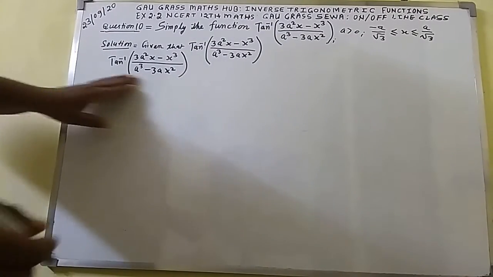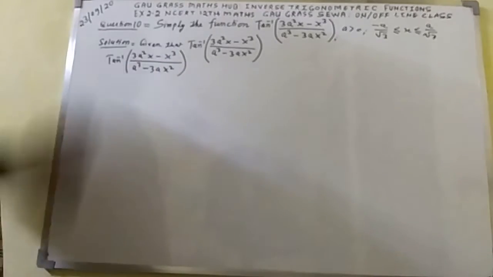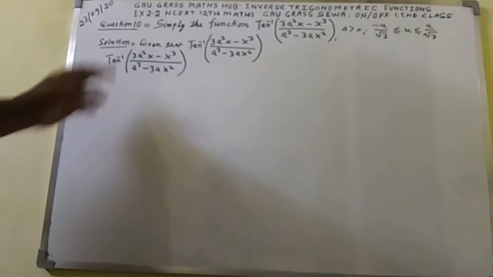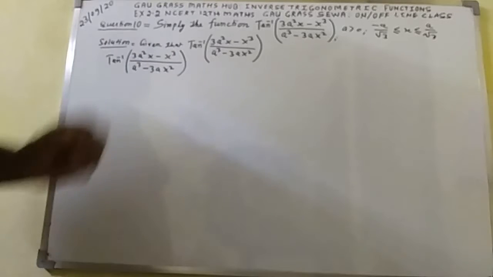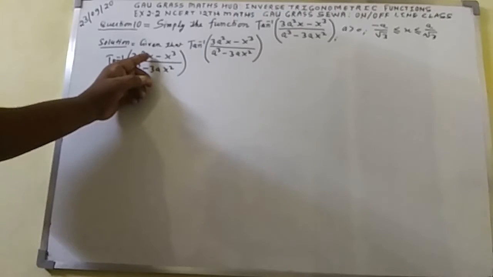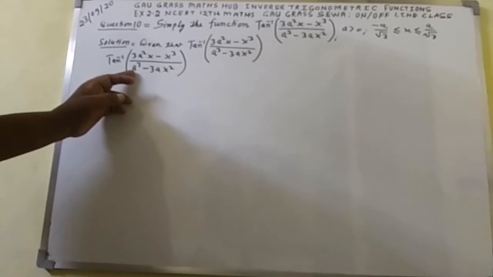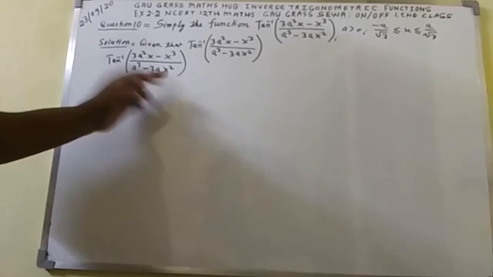Now here you can see x cube is there, and x is the variable. Here 3a square is constant and x is variable. Here also a cube is constant, 3a is constant, x is variable.